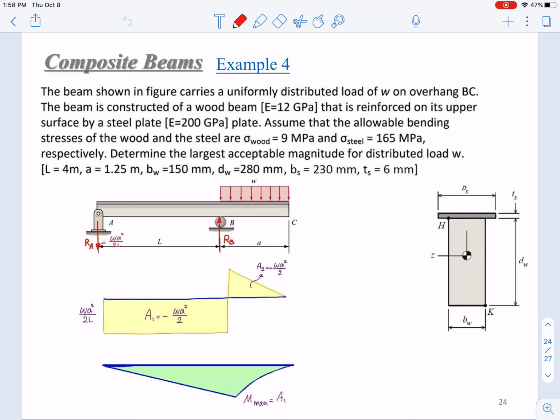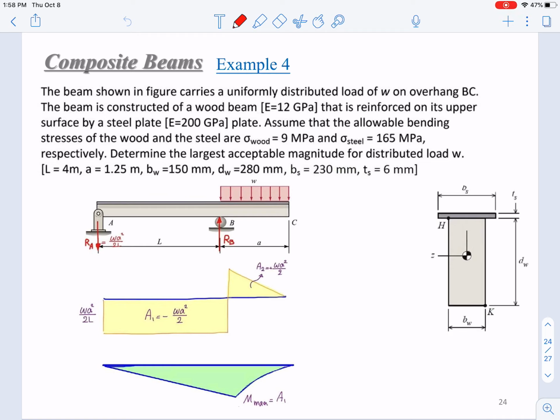Okay, the sizes have been given. This is a typical design problem, and we need to determine the maximum loading that is applied on the overhanging part of the beam. So we need several steps.